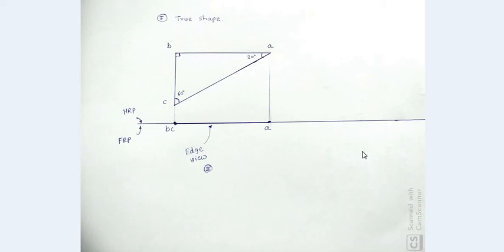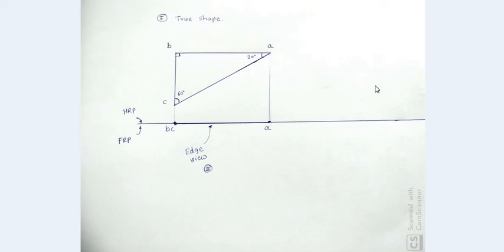And the second complication now comes into the picture. It is given that this shortest side BC is in the FRP, but the inclination of the edge view is not given directly. Instead, what the shape in front view would be after this inclination is given, and that shape is an isosceles triangle. Now you may worry that though an isosceles triangle is mentioned, the dimensions of this triangle are not given.